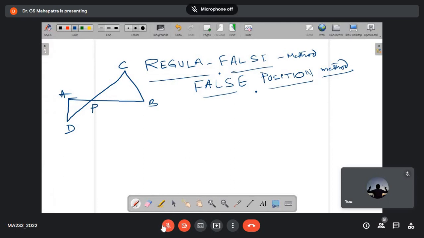Can you find any relation between these two triangles? Anyone? Is there any relation?